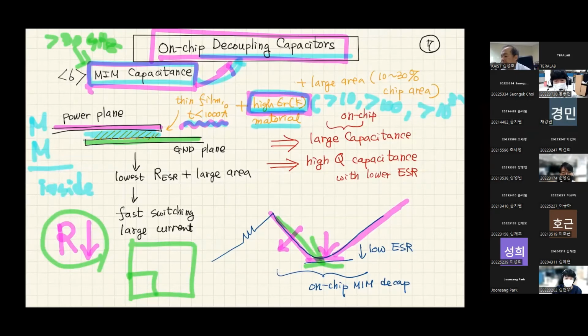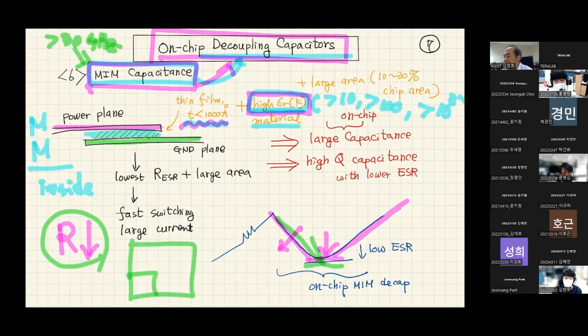All these capacitances combine together to make the on-chip PDN decoupling capacitance. So when you are designing on-chip PDN, you should carefully include all these elements, and you have to properly decide the design parameters.